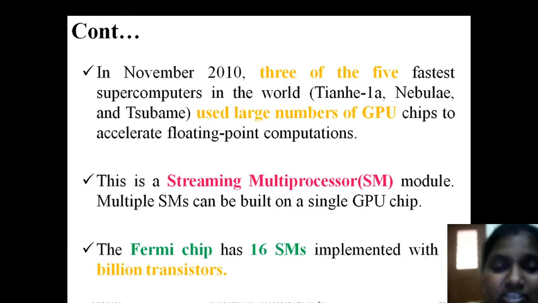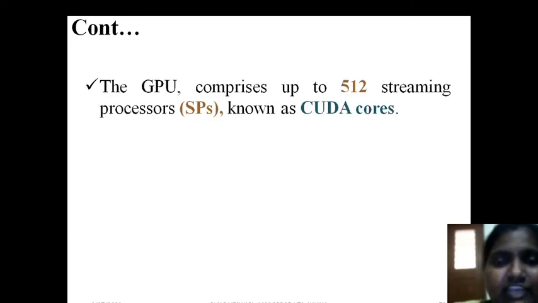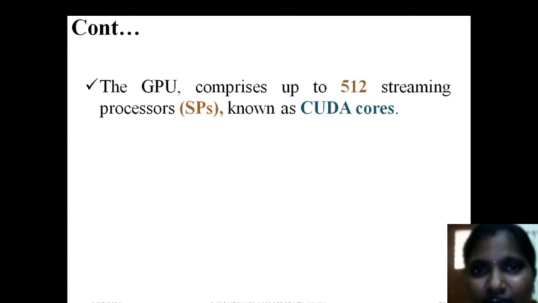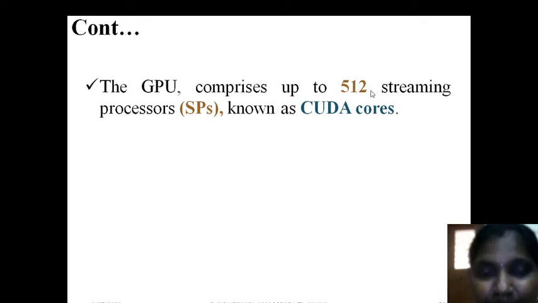The Fermi chip, how many do we get? 16 streaming multiprocessors. Each streaming multiprocessor, how many? 32 cores each. Each core is called a CUDA core, as I explained in the last class. How many total cores will we get? The GPU comprises up to 512 streaming processors.